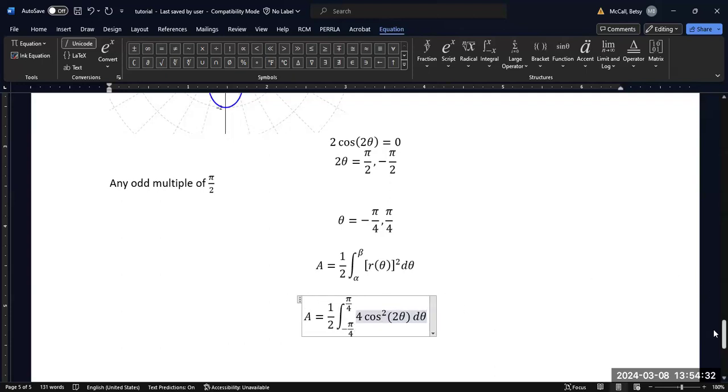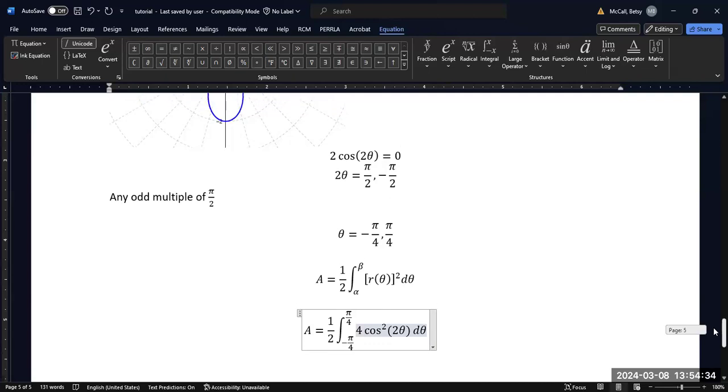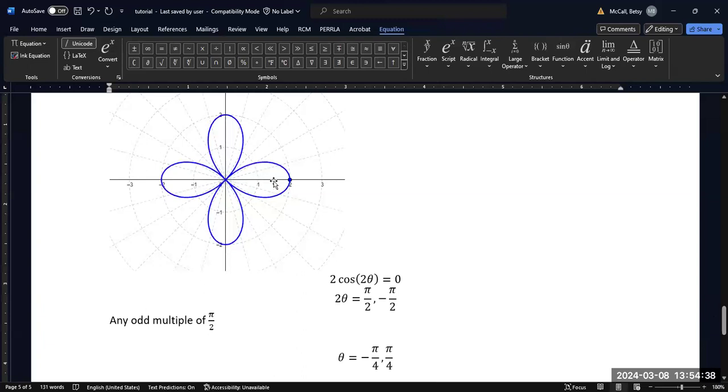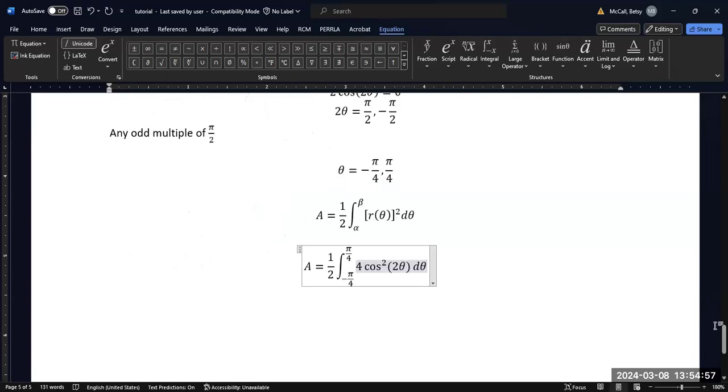Now, we can also use symmetry to save us a little bit of additional arithmetic here. If you look at this petal, it is exactly split in half by the x-axis, the theta equals 0 line. So we could actually just calculate the area of half the petal and then double the result. And so that's what I'm going to do just to make myself a little bit less arithmetic.